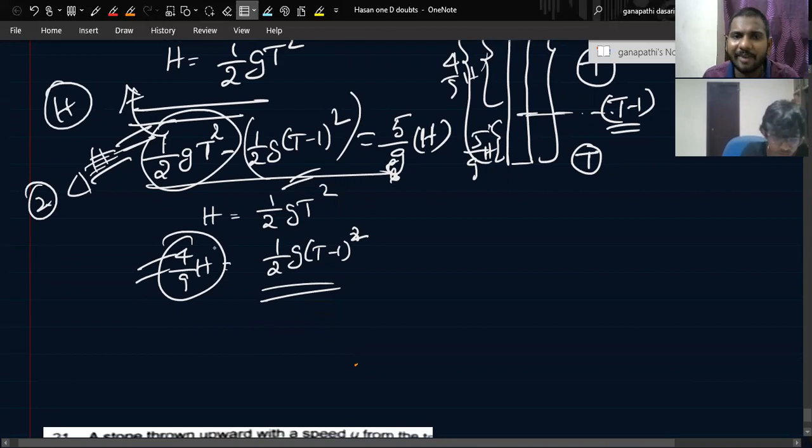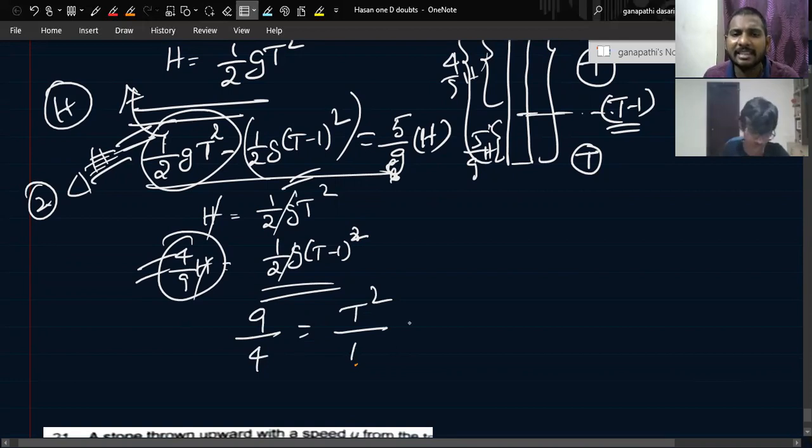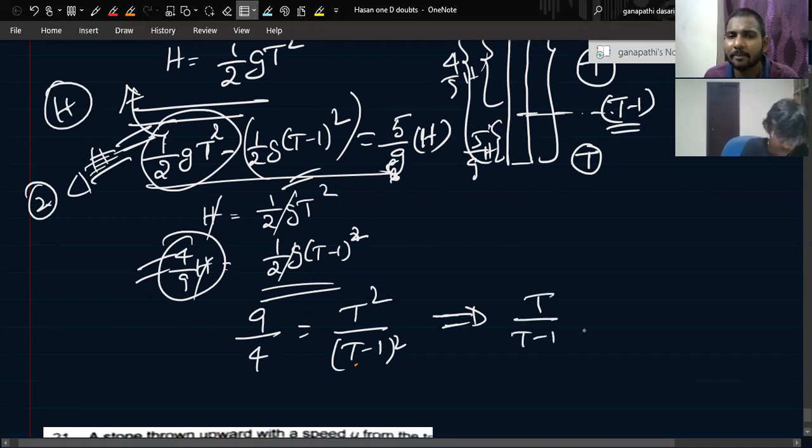Divide both of them. That is 9 by 4 is equal to half g cancels, t square by t minus 1 whole square. The question is directly giving you a very simple equation. T by t minus 1 is nothing but 3 by 2.